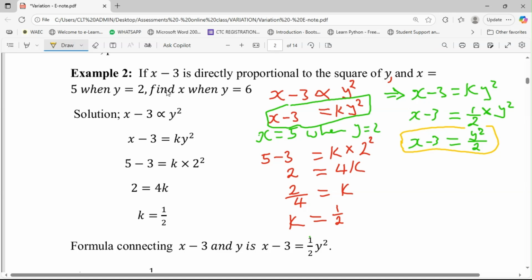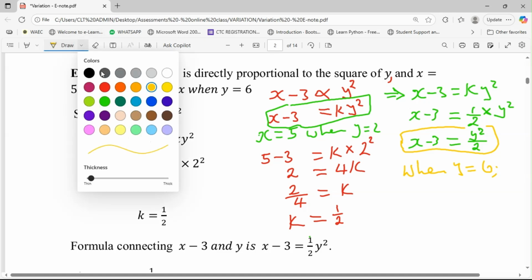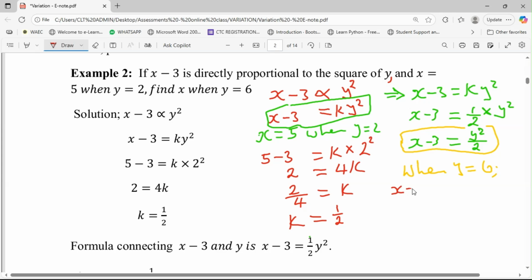So in continuation of the question, it says find x when y equal to 6. So when y equals 6, remember here it says x minus 3 is equal to y squared over 2.